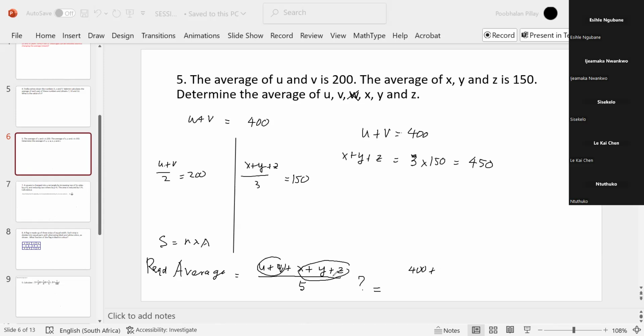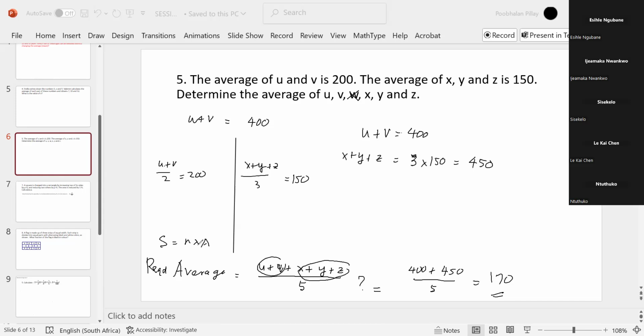And here it's 450 because I've just worked out X plus Y plus Z. And I'm going to divide that by 5 because there are 5 symbols here. So now when you work this thing out, you get 170. So that's the answer to this question. The average is 170.